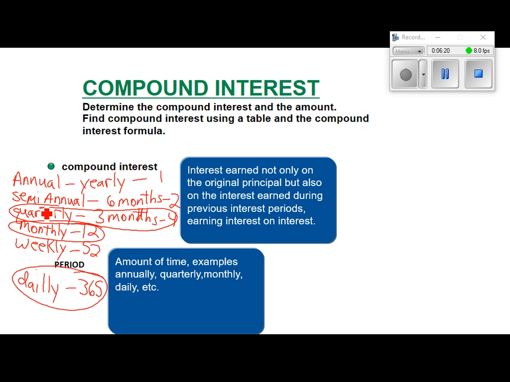There's some yearly. Yeah, annual would be, like, real simple savings accounts and stuff, they might just do it annually.